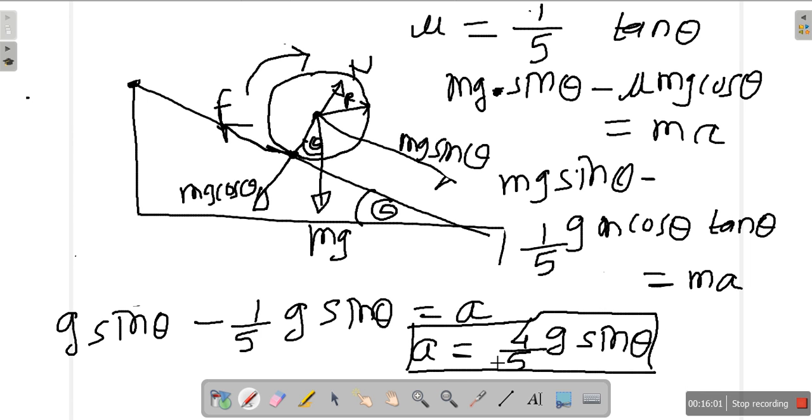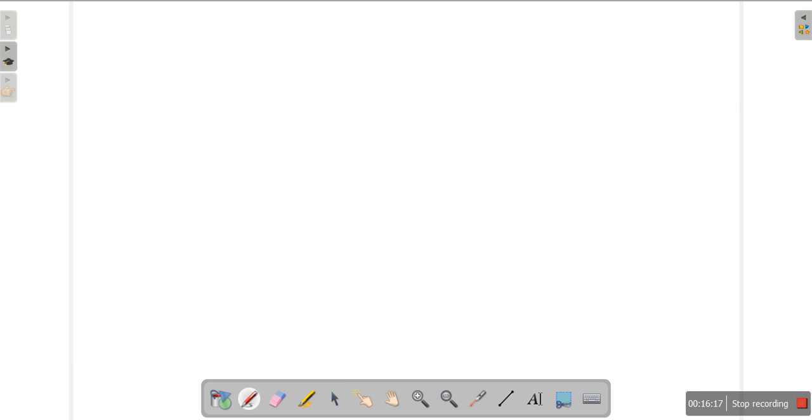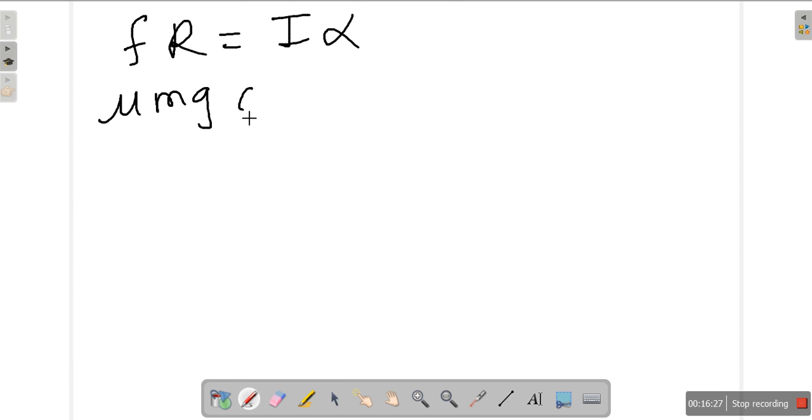Now let us try to find the value of omega. Again we are going to use F into R is equal to I into alpha, and that gives me the value of alpha. F is mu mg into cos theta.